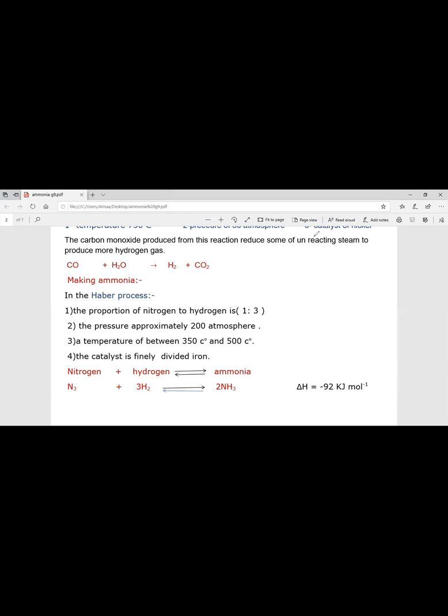Okay? Do all of you understand this process? Okay. Now, the second point, making ammonia in the lab.